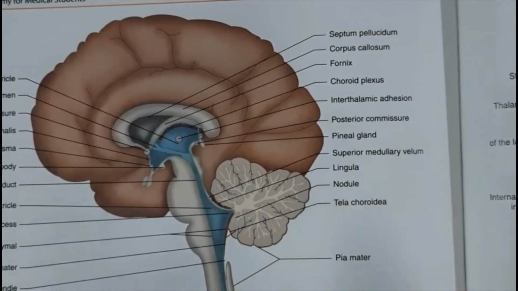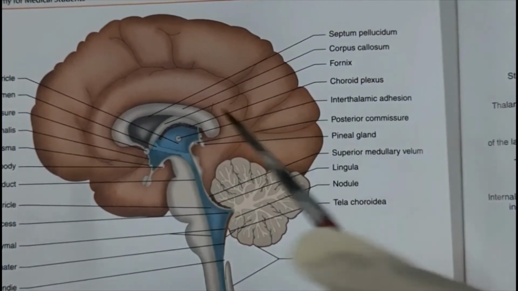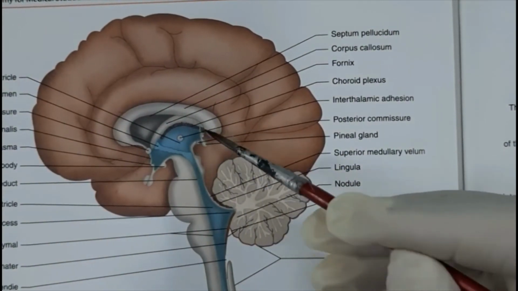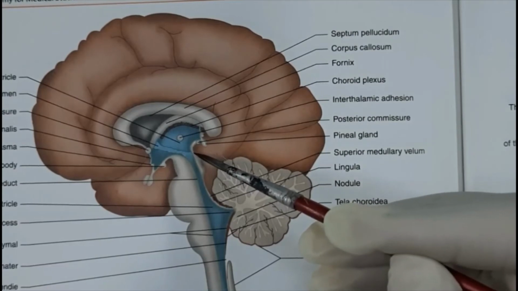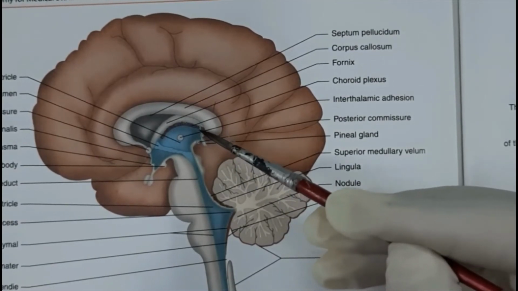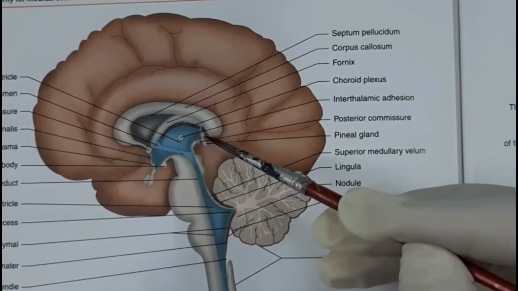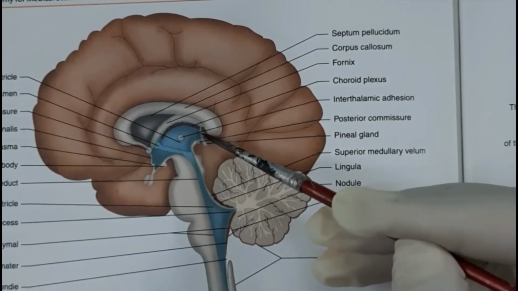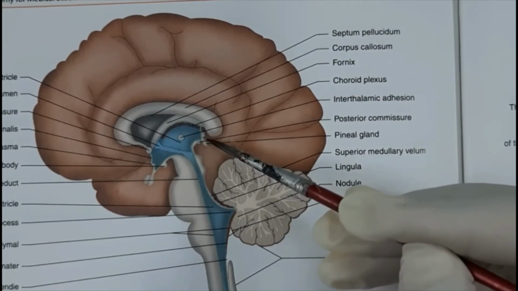Okay, and you can still zoom in on your mobile or laptop. Then see this posterior wall, which is formed by various small structures. From above onward, it is the suprapineal recess, a small depression.